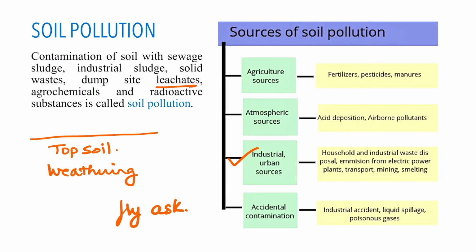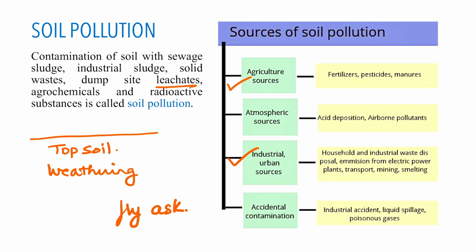Then we have agricultural sources that produce a lot of waste, like fertilizers and pesticides. When these are applied in the fields, they ultimately end up with the rain in the closest water body. So these are the various sources of soil pollution.